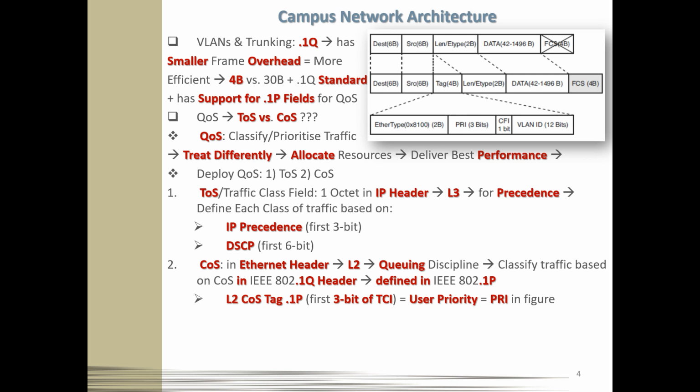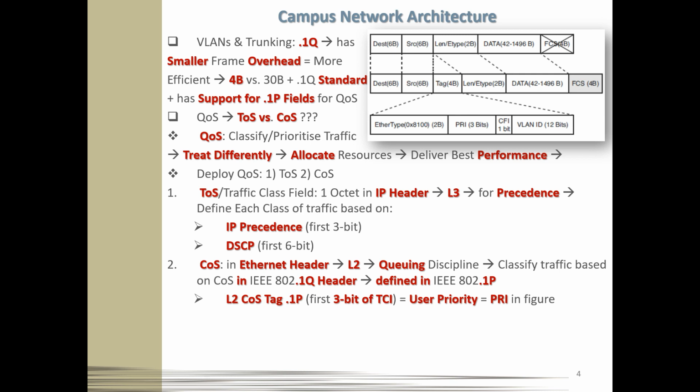So if a frame received at an Ethernet port has CFI set to 1, then we are simply telling the switch that that frame should not be forwarded as it is to an untagged port.